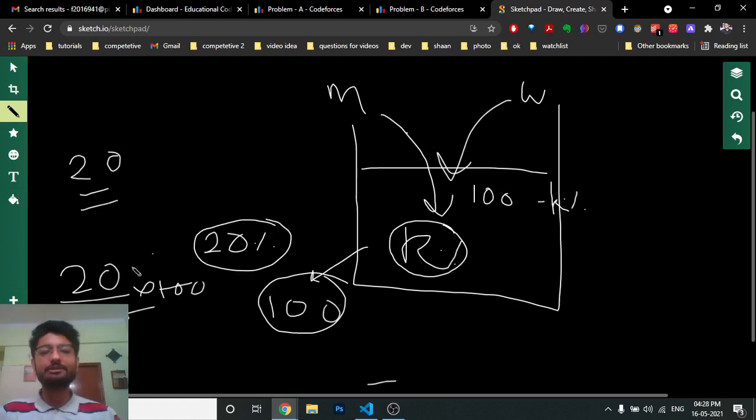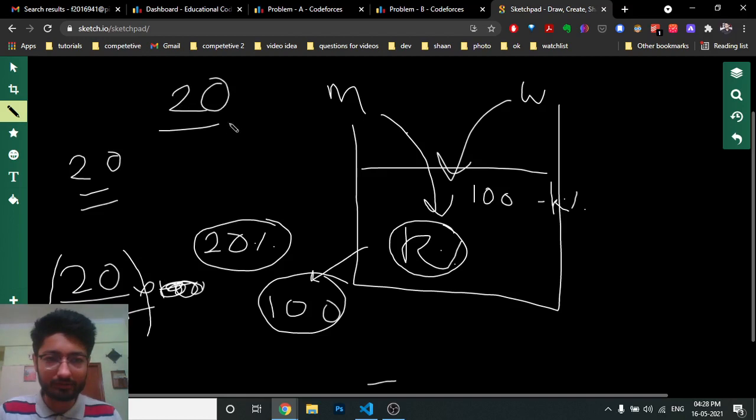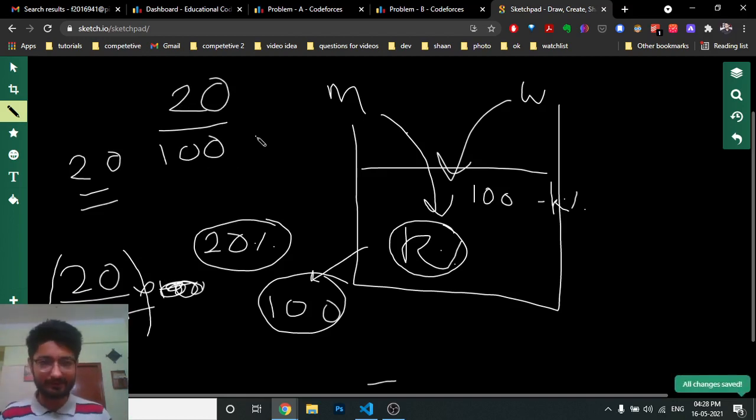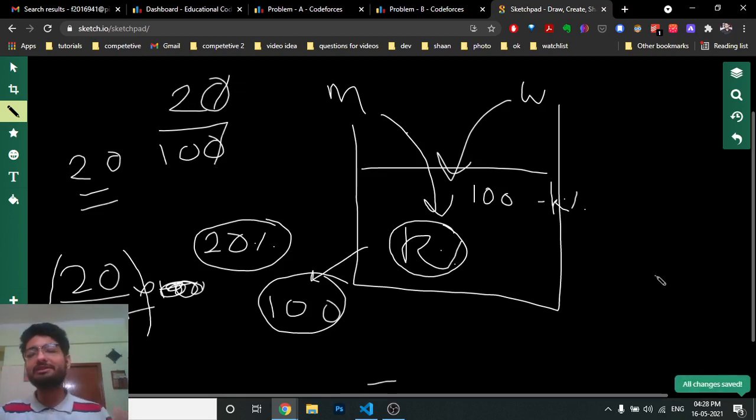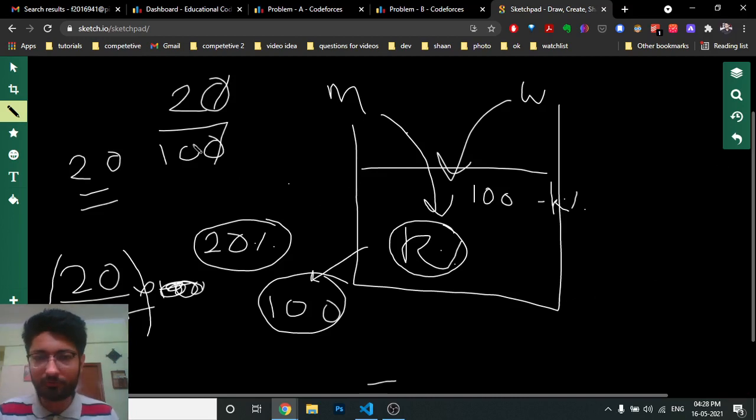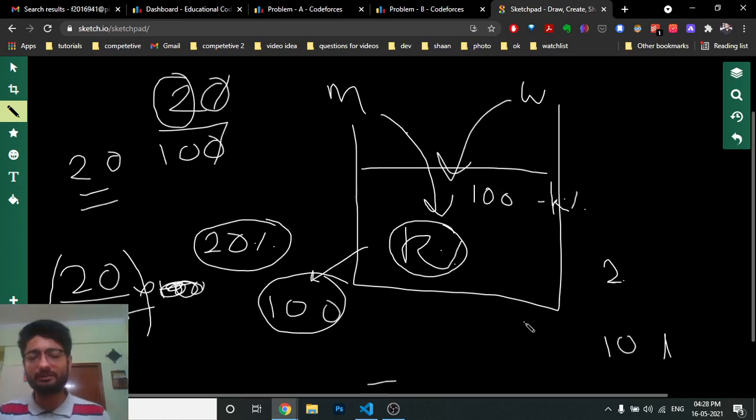But what you can easily observe is that 20 by 100 gives me 20%, and if we make a potion of 10 liters with 2 liters of magic essence in it, then also it will give me 20%.